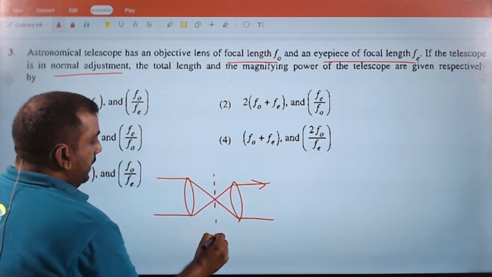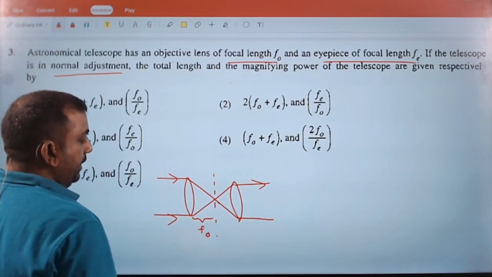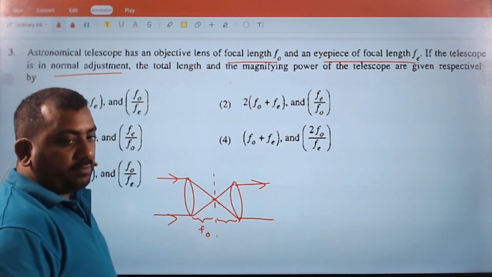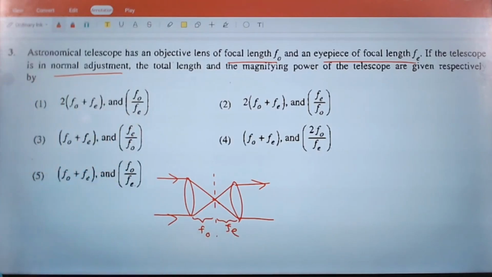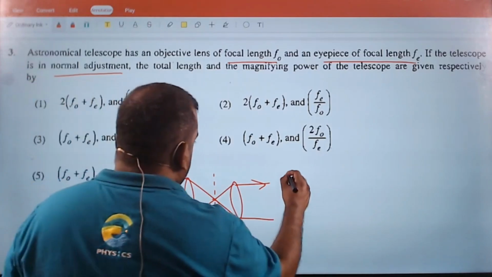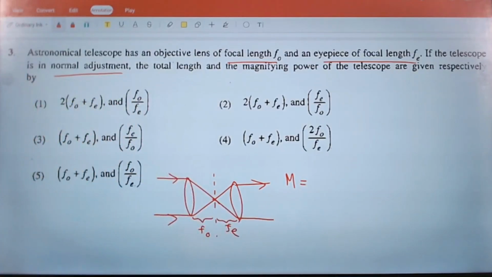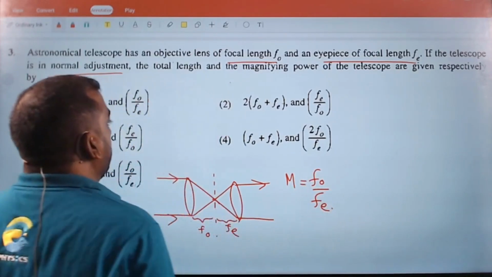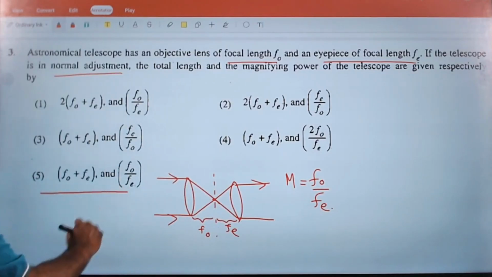So light rays coming from infinity will converge at the focal point. The image from the objective lens will act as the object for the eyepiece. So length is f0 plus fe. What about the magnification? Magnification is f0 divided by fe. Directly, answer number 5.